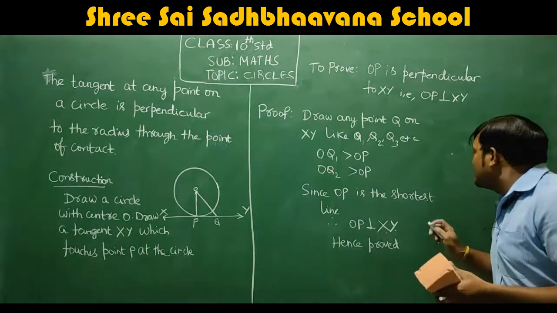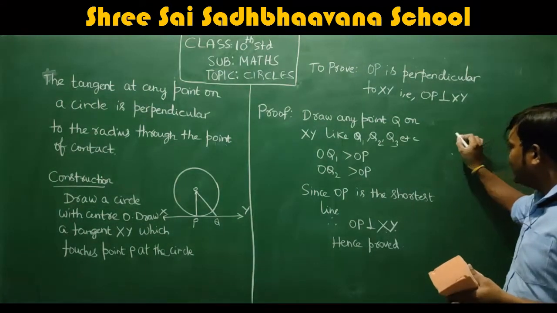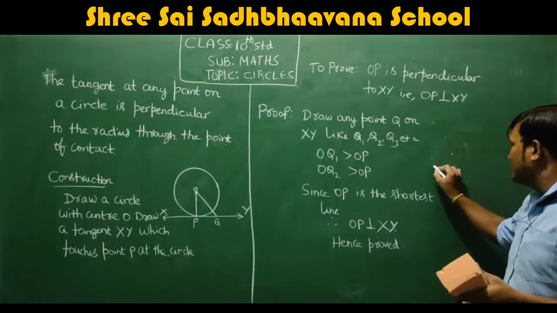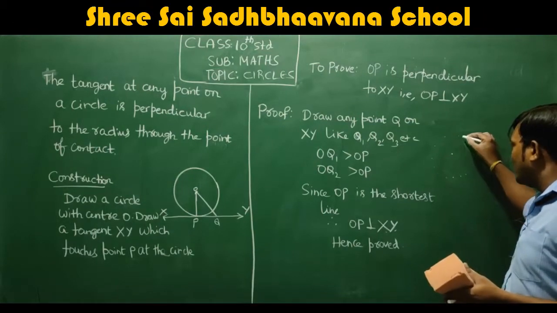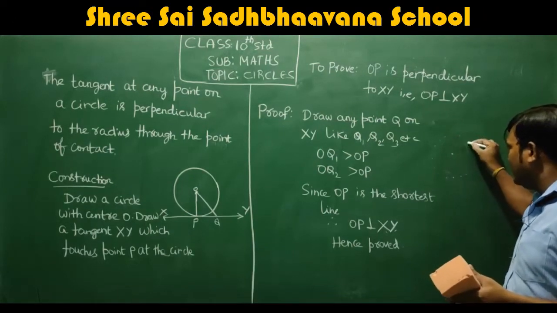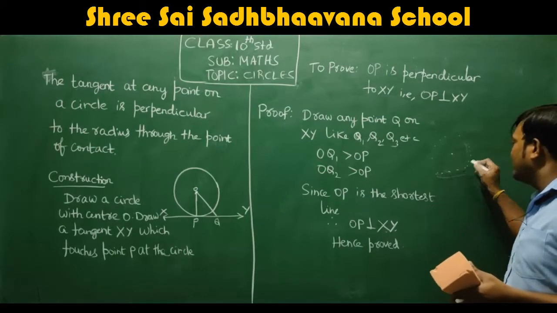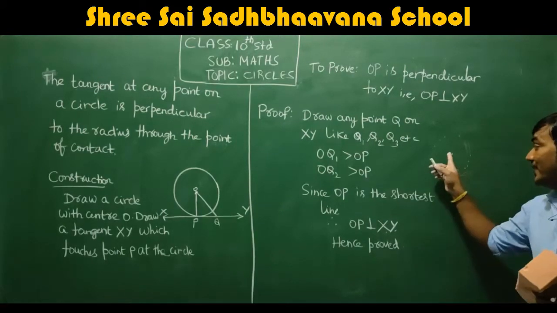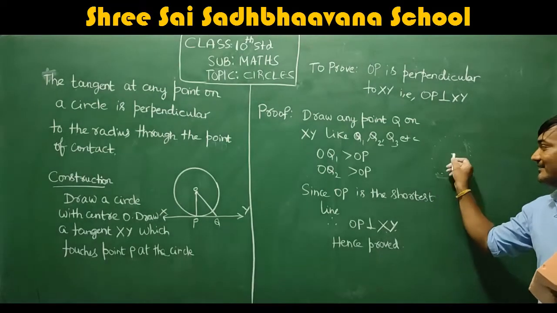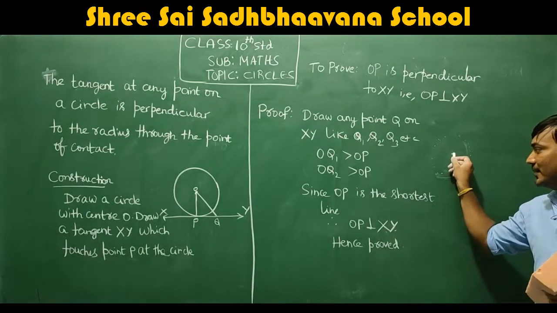I just draw some points. It's just a rough diagram. Don't go in a practical way. See here, if you draw some points, these points will make exactly the same distance with respect to this point.